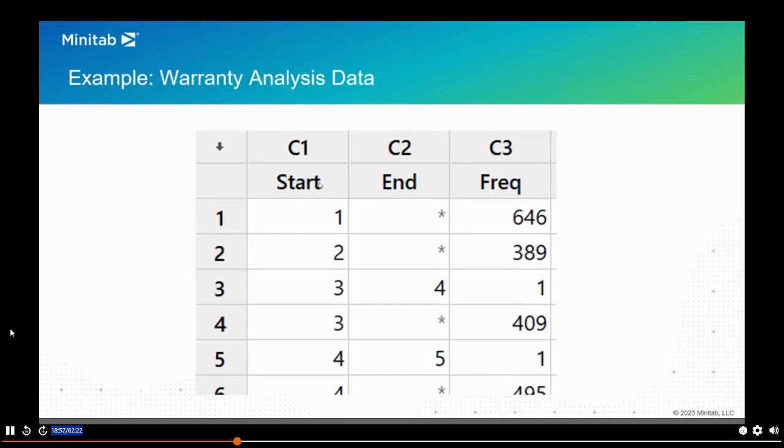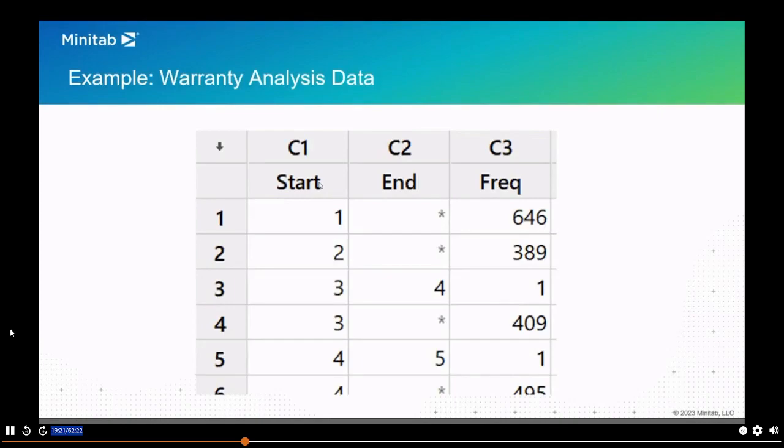Now, for the 3 to 4 year row, I had at least 410 units out in the field, 409 plus the one that failed. Between 3 and 4 years, I had 1 failure, and then I have those that have been out 3 years. 409 of them are still out in the field and haven't failed yet.